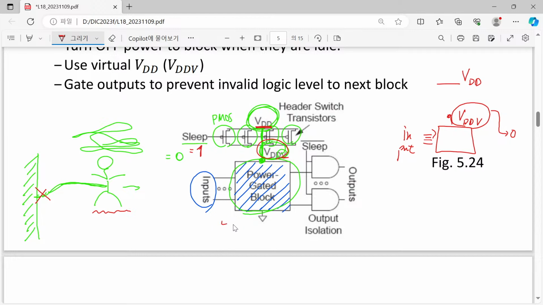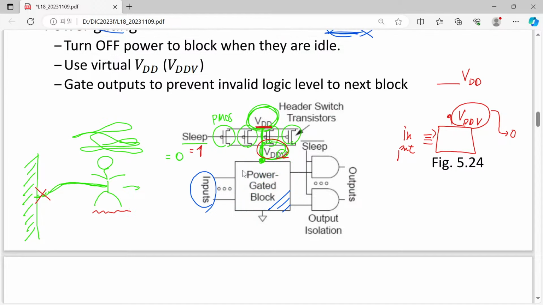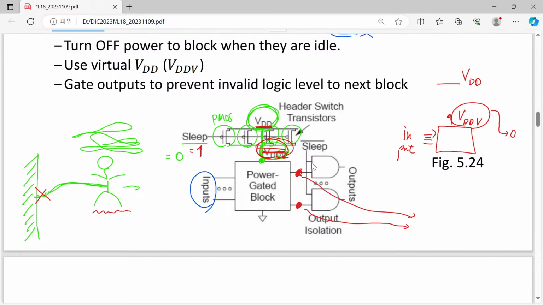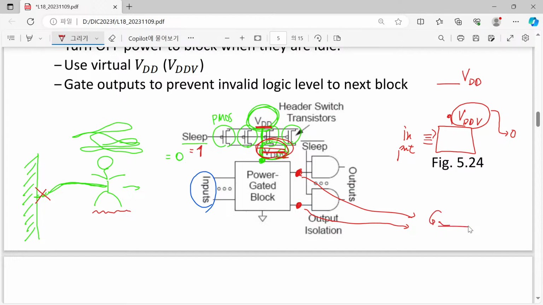Yes, it's good. However, when we use this kind of operation, there is no guarantee that its output values have meaningful values. Since we have applied just a floating voltage to our VDD, what will be the answer? If we have 1 or 0, does it make any sense? It's not. So we have just a garbage value for these outputs.